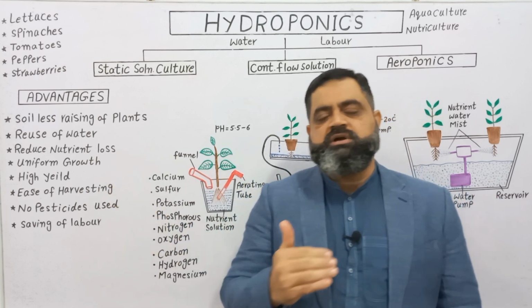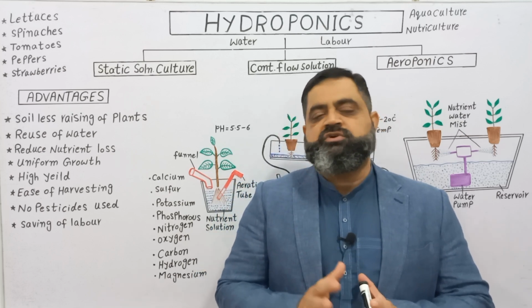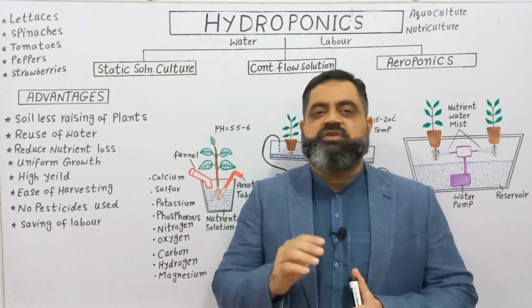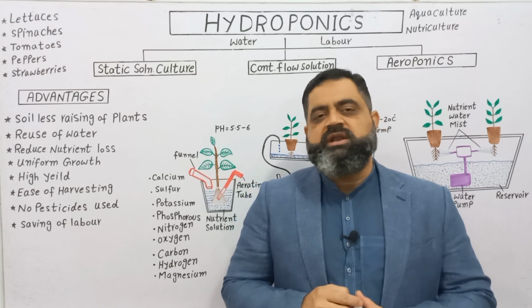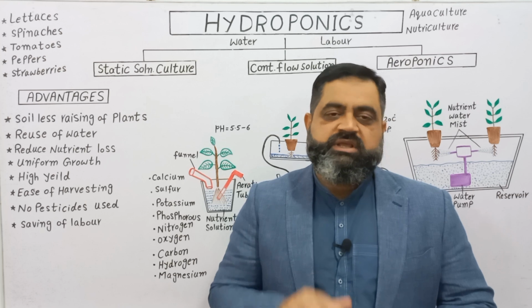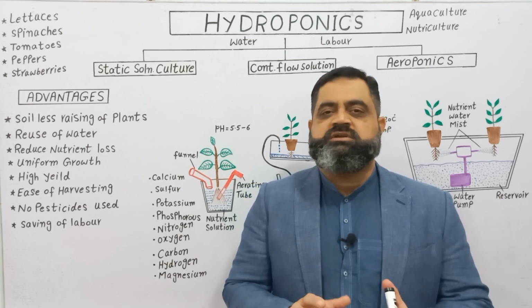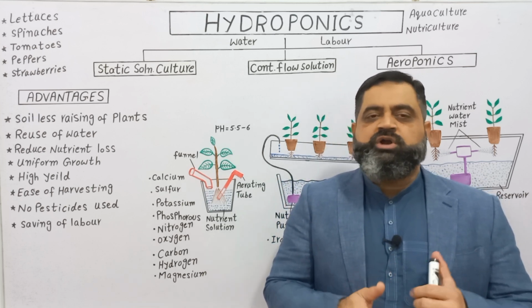Usually when we grow plants in soil, there is a lot of misuse of nutrients, because nutrients wash away with rainwater into rivers and lakes, and some seep down into the soil. But in hydroponics, nutrients cannot be lost, and very small amounts of nutrients are required to grow a plant.